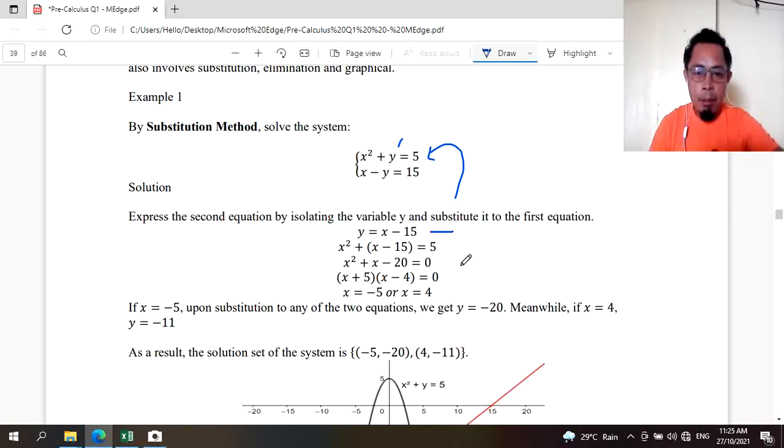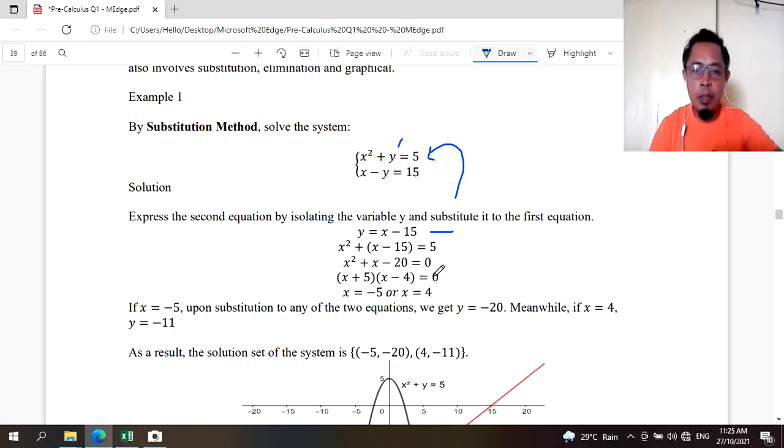Now, by applying our knowledge in factoring, we can use the trial and error method. So we come up with the factors x plus 5 and x minus 4. We try to check it. Our goal is to get the middle term, which is 1x. So we have 5 times x, that is 5x, and negative 4 times x, that is negative 4x.